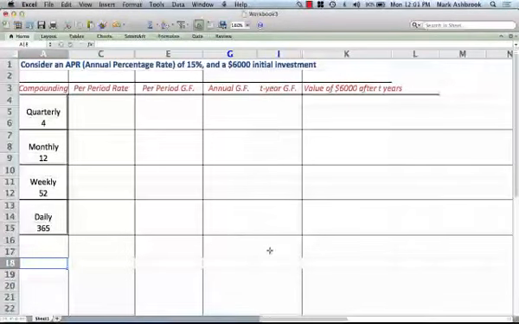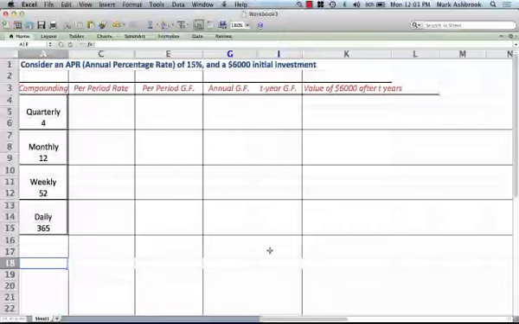APR of 15%. So what is the percent increase per year if there's an APR of 15%? There's an APR of 15%.